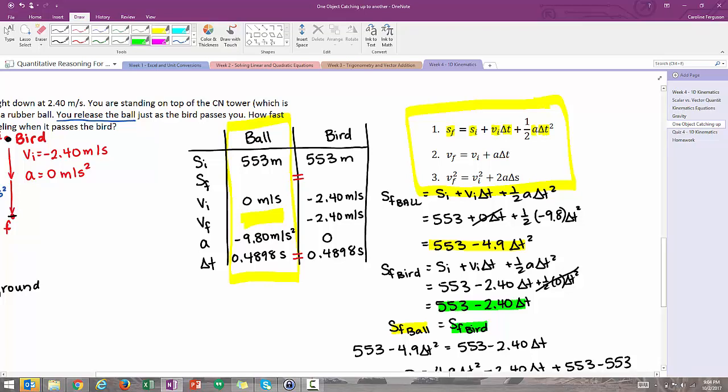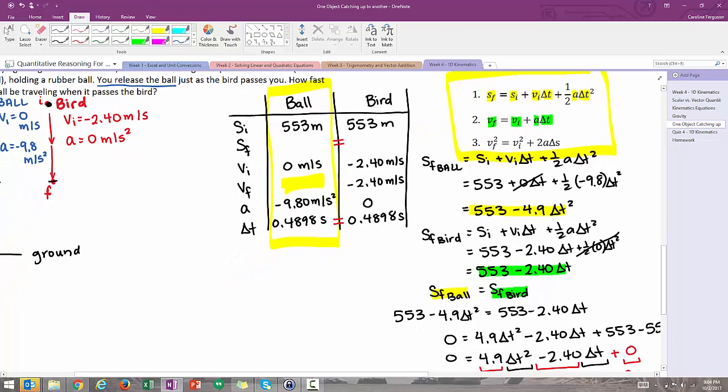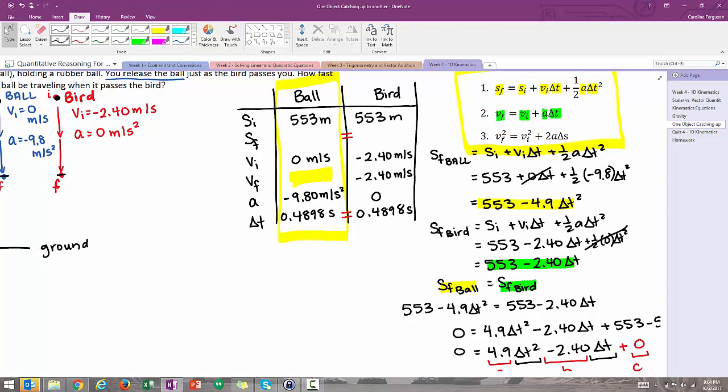So let's take a look. We're looking for the final velocity, we know the initial, we know the acceleration, and we know the time. So we're going to use equation 2. Okay, so let's write out this equation. For the ball, V final of the ball is equal to V initial plus A times delta t.